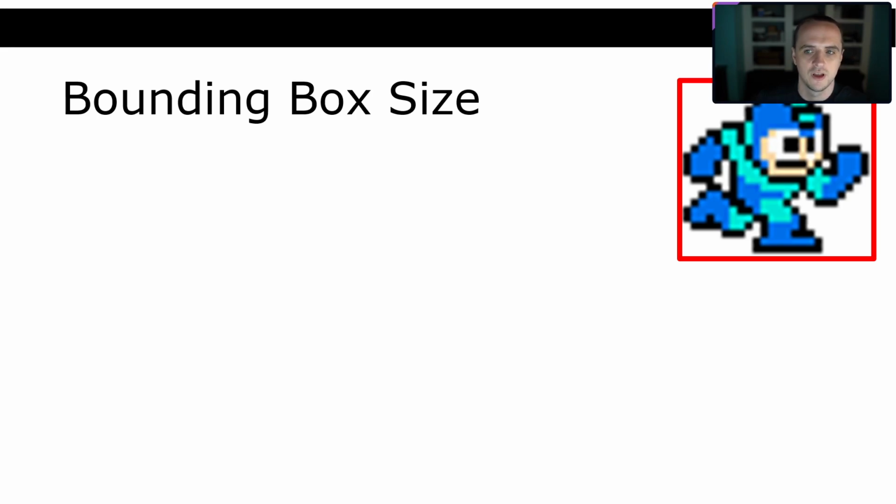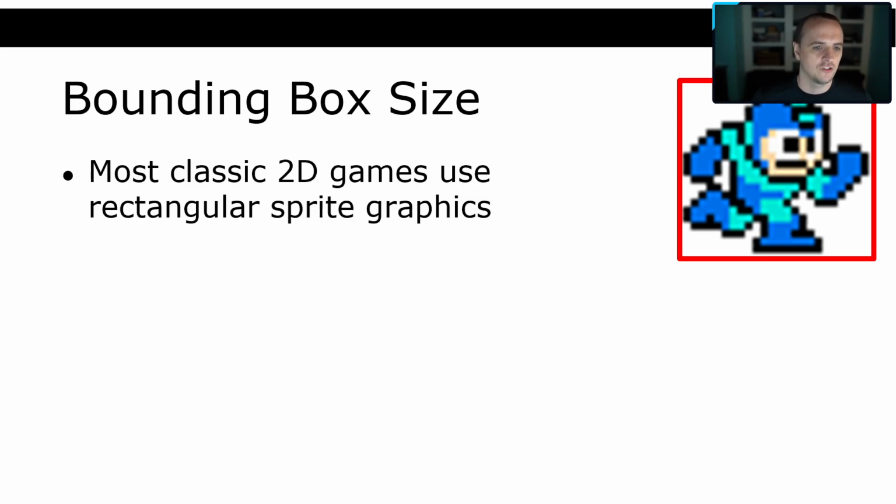All right. So first of all, we're going to talk about bounding box size because that really does matter and it may not be as intuitive as it first seems. Most 2-dimensional classic rectangular games are going to use rectangular sprites. So despite what Mega Man's animation may be doing, we're going to surround it with a bounding box of a particular size.